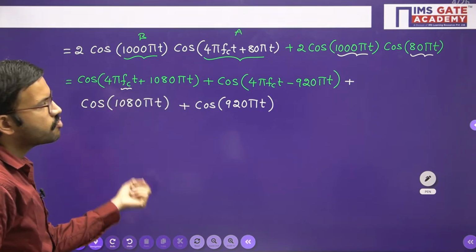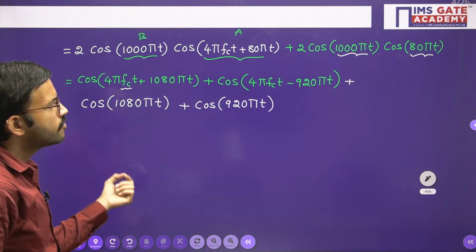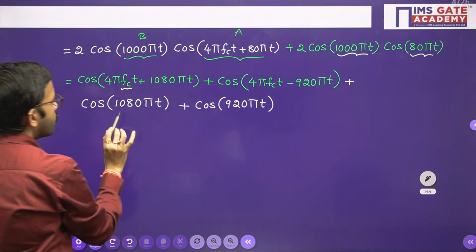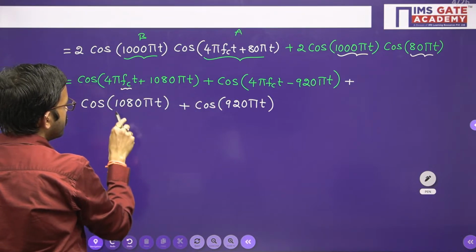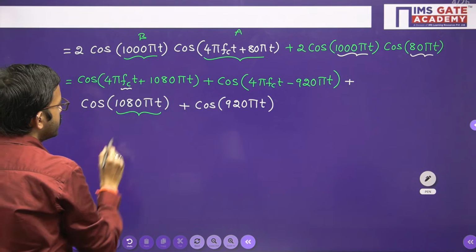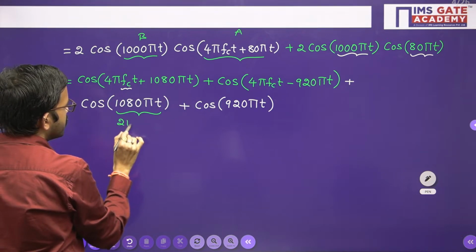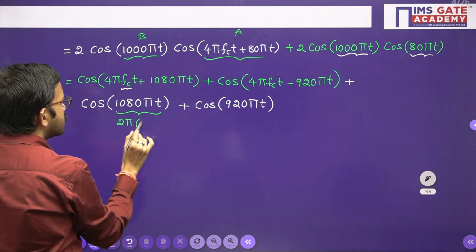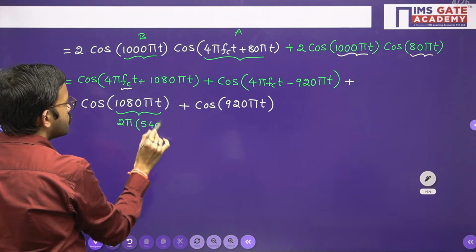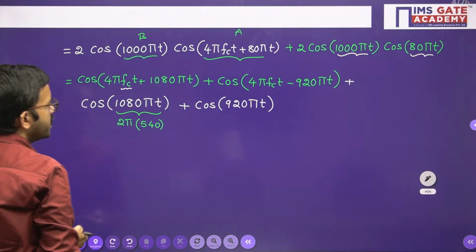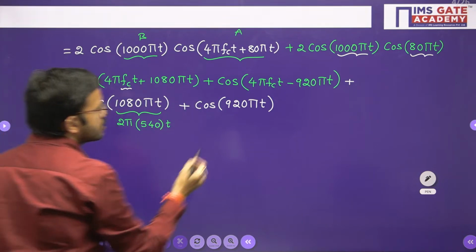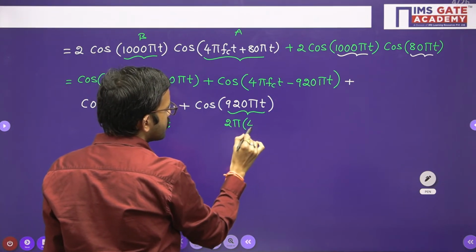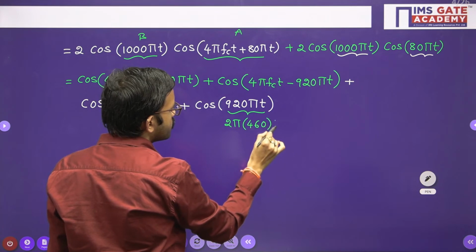Out of 4 terms, now we are analyzing which terms you are going to get at the output of the low pass filter. So the first term and second term are not passing. What about this term? Whatever you have here, I am writing in the 2 pi f format: 2 pi into 540, 2 into 540 is nothing but 1080. Similarly, here also in the 2 pi f format, 2 pi into 460t.